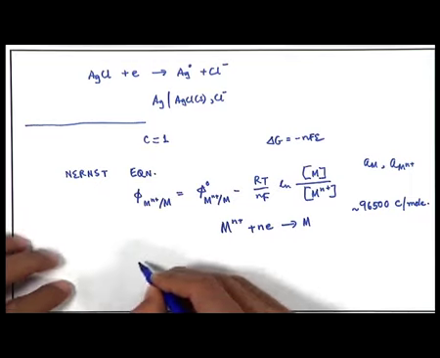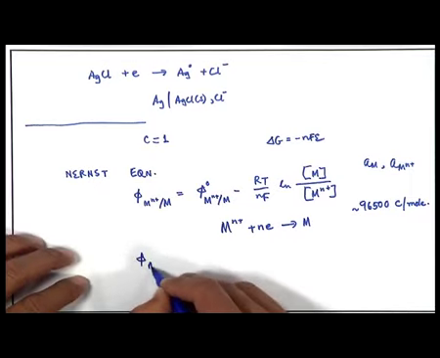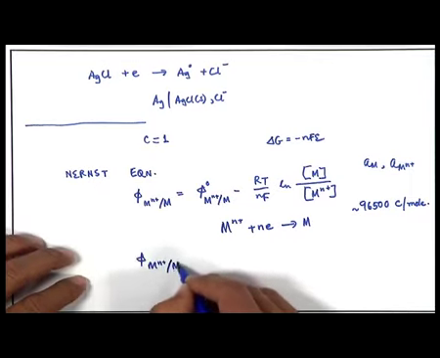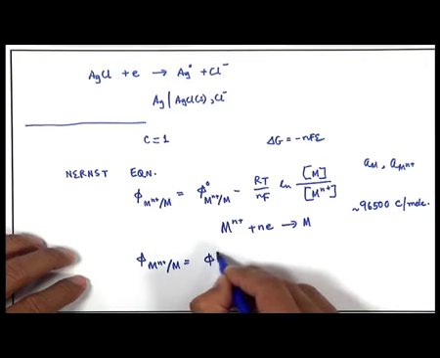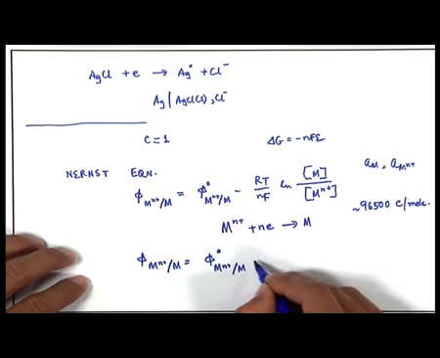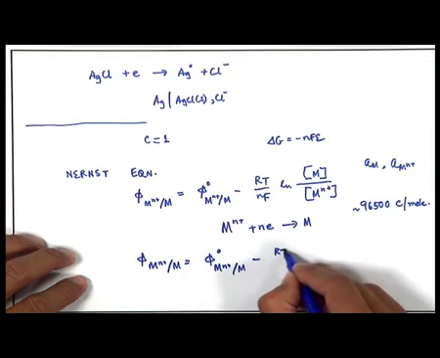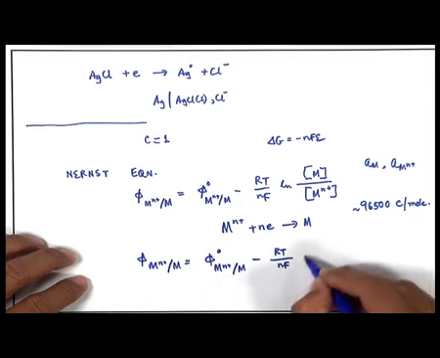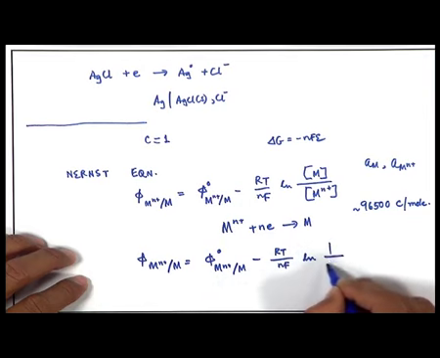So, therefore, we can write phi M^n+/M equals phi 0 M^n+/M minus RT by nF ln 1 upon concentration of M^n+.